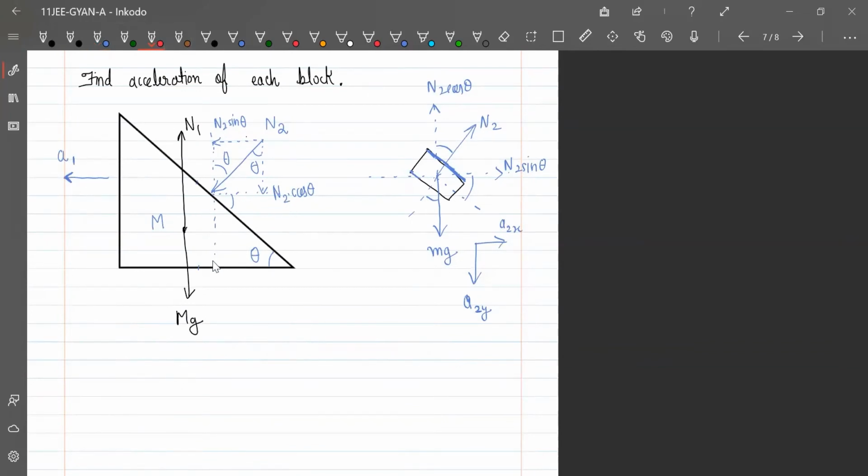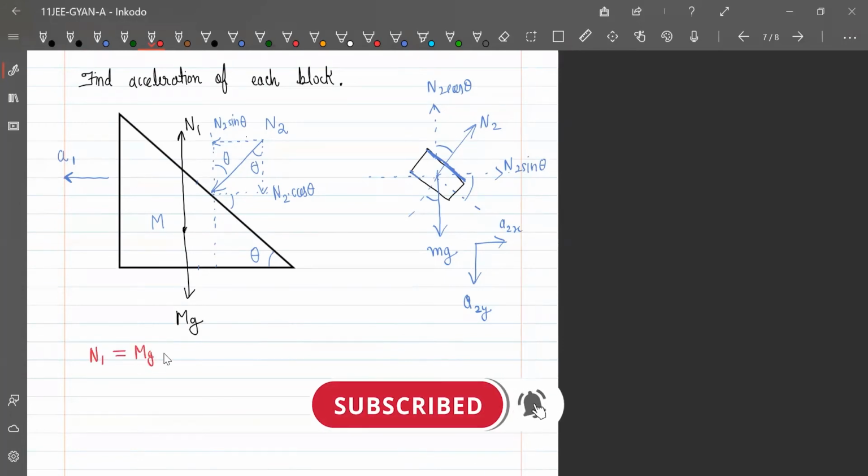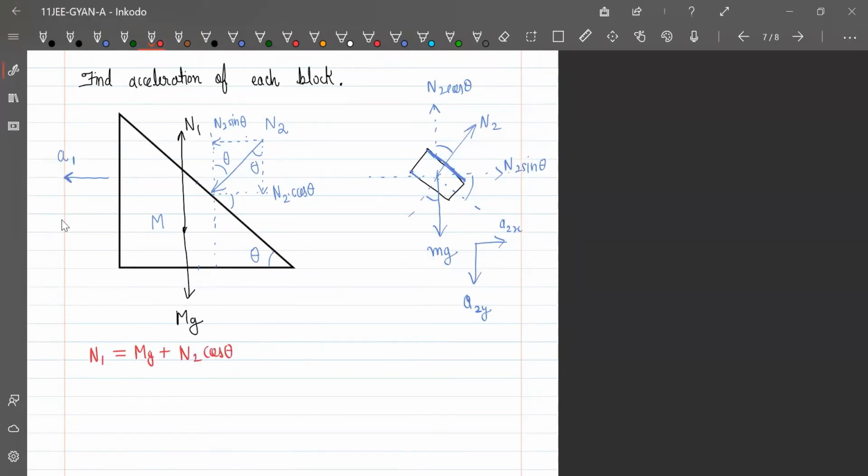N2 cos theta will add to the load on N1, so I can write in the vertical direction N1 will be equal to Mg plus N2 cos theta, and N2 sin theta will be responsible for acceleration. So N2 sin theta will be equal to mass times acceleration of the big block. But here N2 is unknown. So here there is no vertical equilibrium.